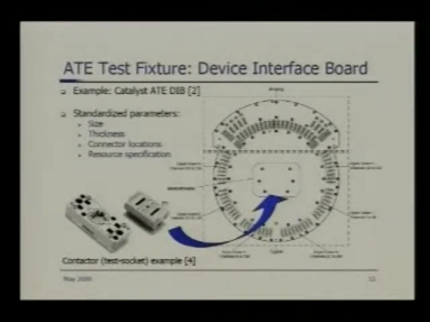Okay, and this is the contactor or the socket. In the center you are going to put the contactor or the socket, and you see that there is a groove at the center. In between you put the IC that you are going to test or make a measurement of.